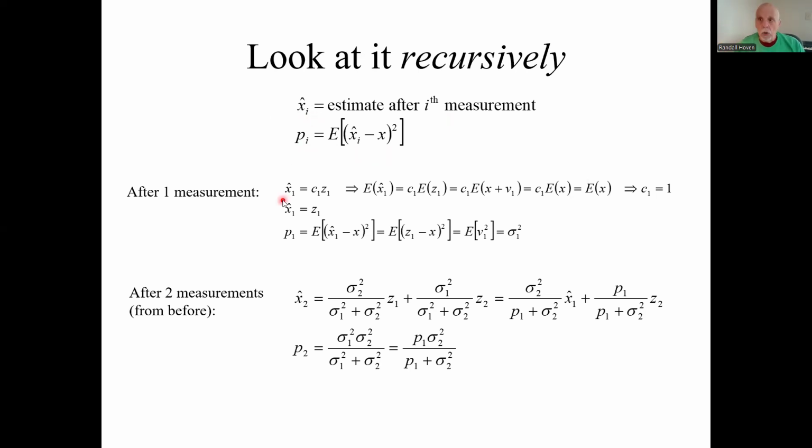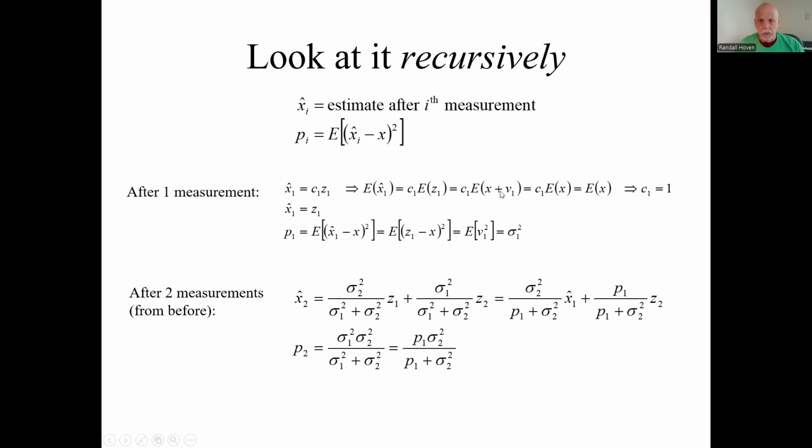If we only had one measurement, due to linearity, you'd have this. Our estimate is just some scalar multiple of the measurement. What's the expected value of that? Expected value of our estimate is the expected value of Z times that C1.